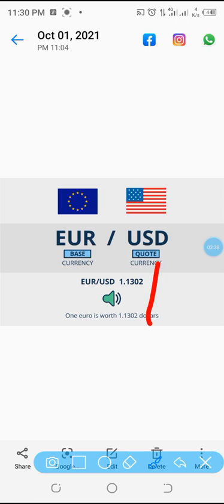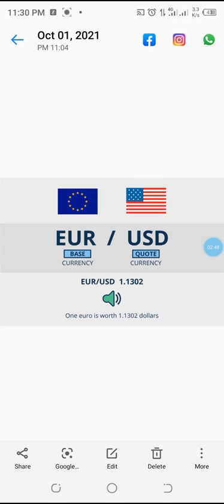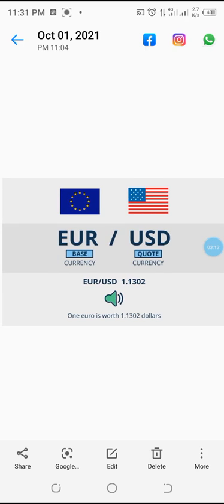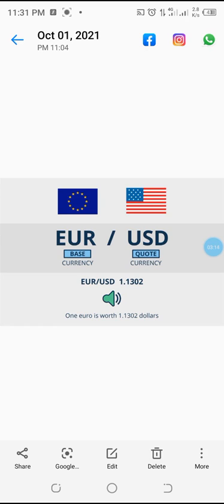Now, at this point, the euro is at the range of 1.1302, and the USD is 1. I will explain as we go on. The point I'm bringing out here is that we use the euro to buy the US dollar, or we use the US dollar to buy the euro.